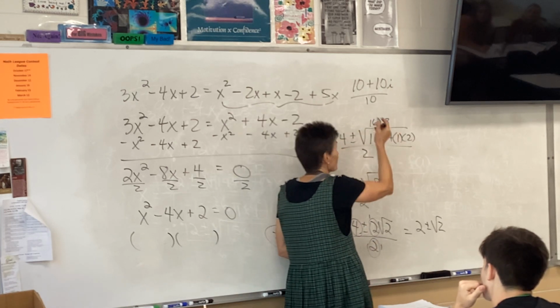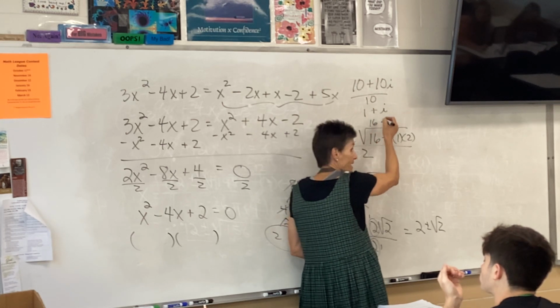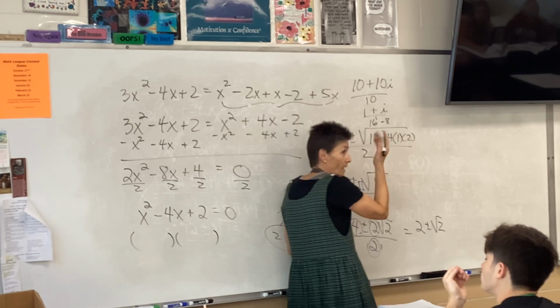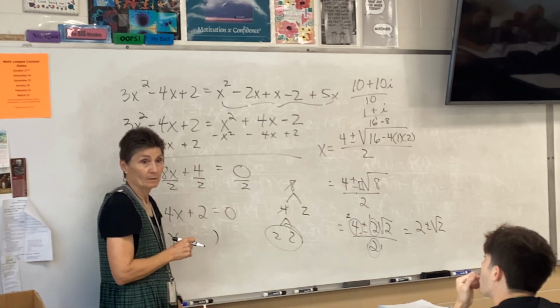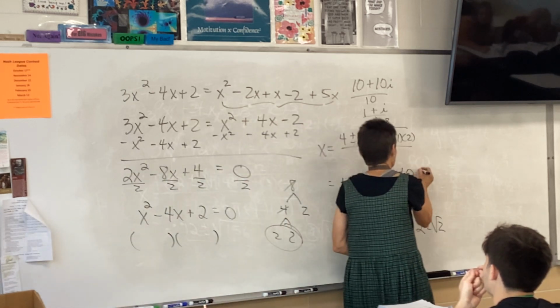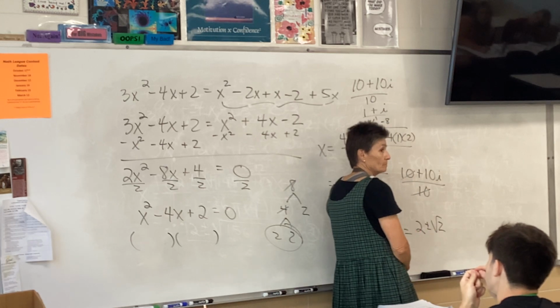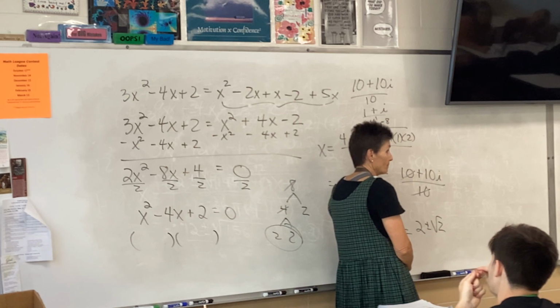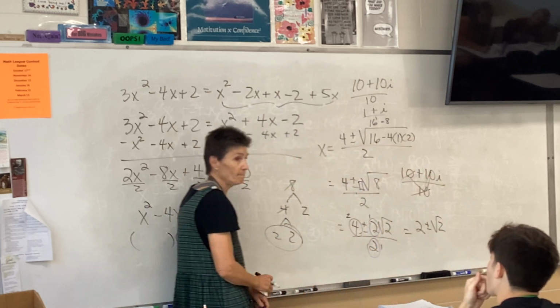Everything's gonna cancel, so that would become a 1 plus i, and then over 1 if you want. But you don't have to put it over 1. Okay? Some of you took that thing and you canceled those 2. Can't do that. Gotta cancel all 3 places. Okay?